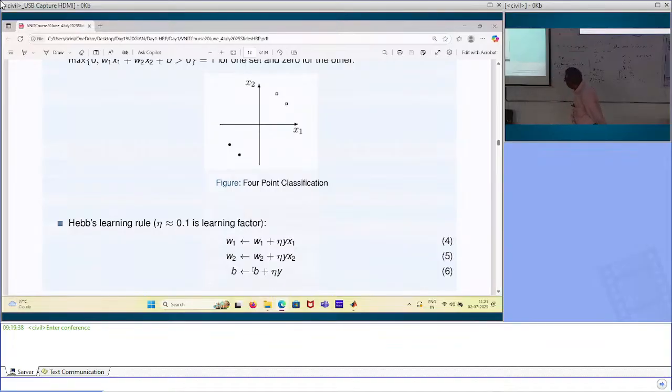So we get W1, W2 and B in this way, and then we again apply x1, x2. We get y. We go through the same process again till W1 and W2 converge. They converge to a value and we are home.